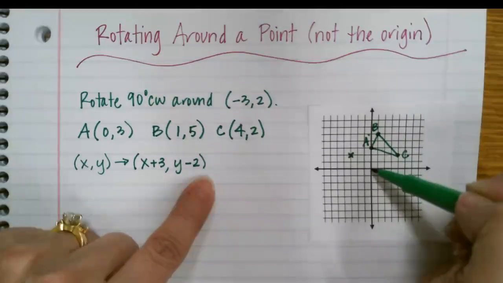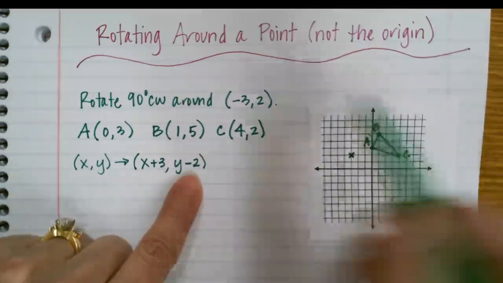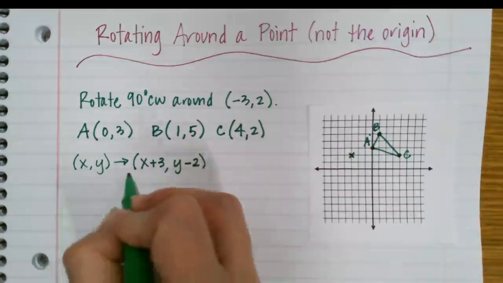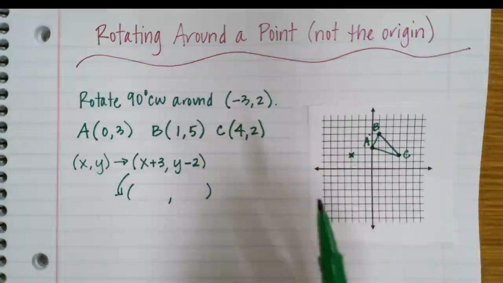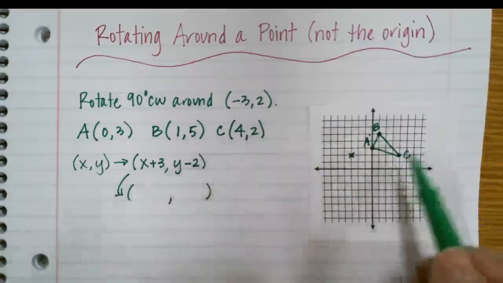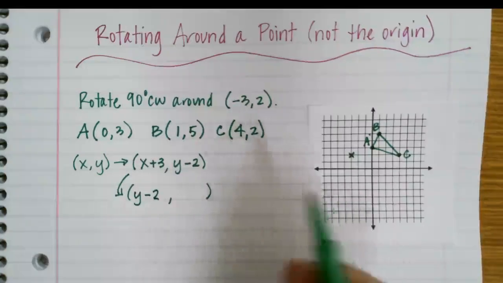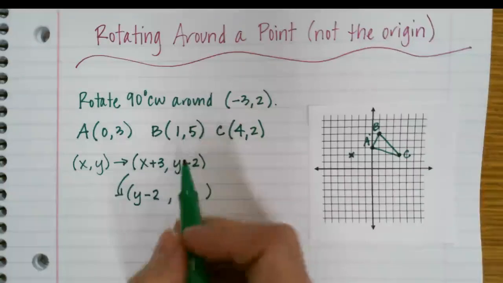So now I'm going to perform the rotation on this. I'm going to rotate 90 degrees clockwise. So what that means is that when we rotate 90 degrees clockwise, that's to the right, so I'm going to switch them, and I need to make this one the opposite sign.